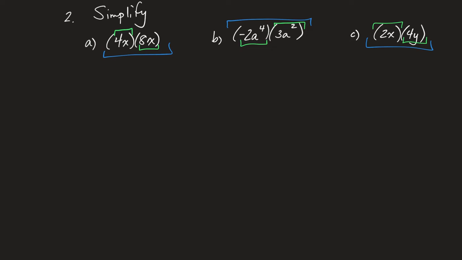Let's focus in on question A. Do you see any addition or subtraction signs within that expression of 4x times 8x? No. So if we don't have any addition or subtraction signs, then that is one term. So the blue expression is itself one term.